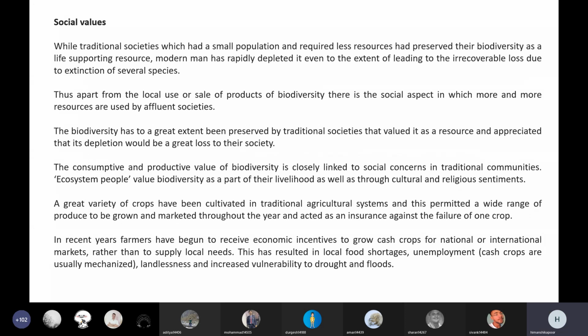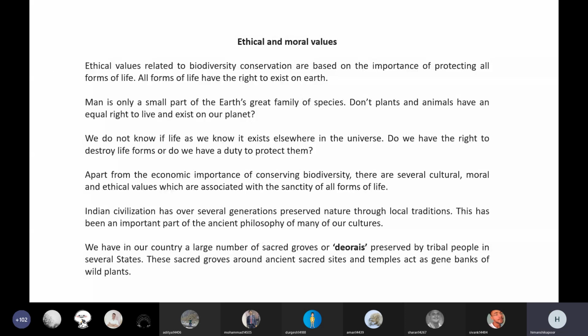Okay. So next we have the ethical and the moral values. What do you understand by ethical and moral values? Obviously that since we are the most evolved organism on this earth, so we are restricting other species. We are exploiting other species. We are torturing many animals for our benefits. So each and every species on this earth has a right to exist.